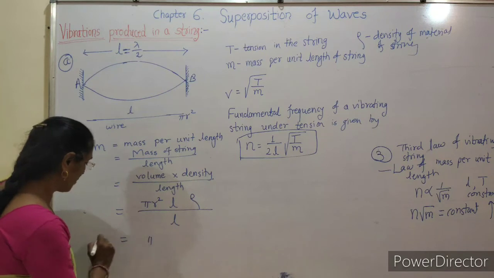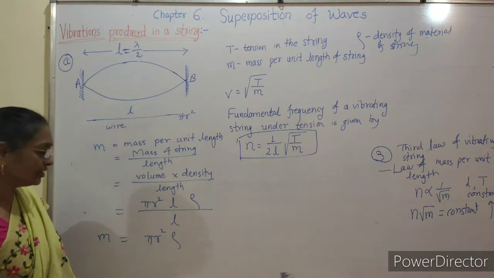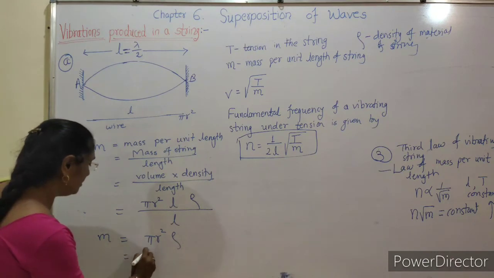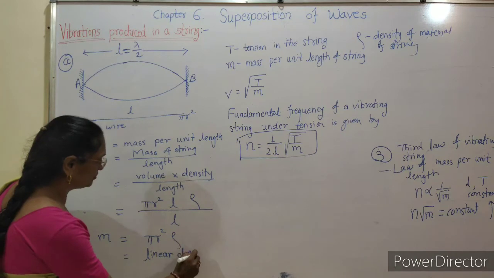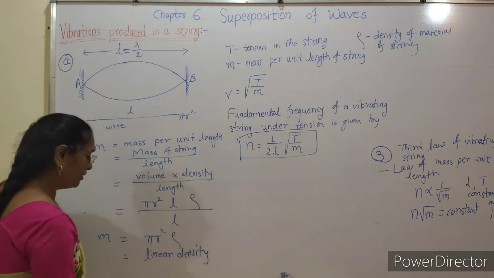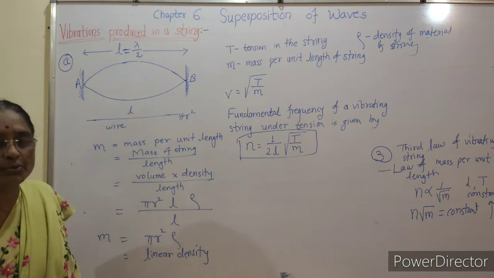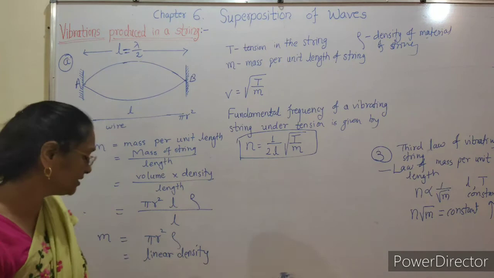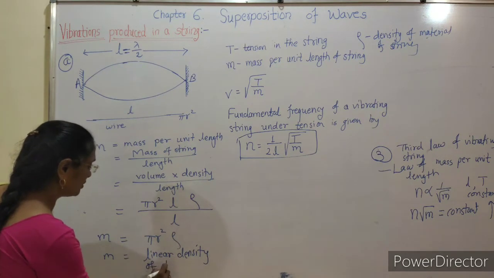We get mass per unit length as pi r square into rho. It is also called linear density. So these deductions we discuss here for solving numericals as well as multiple choice questions. This is the linear density of string.